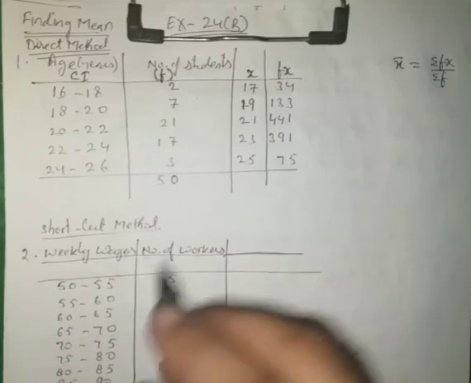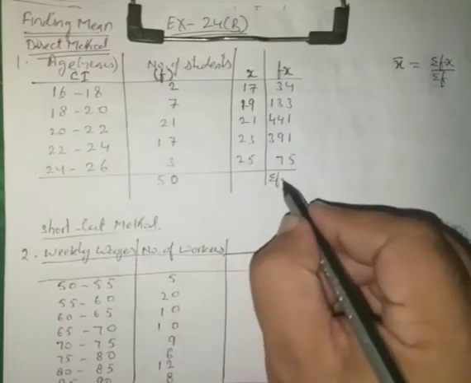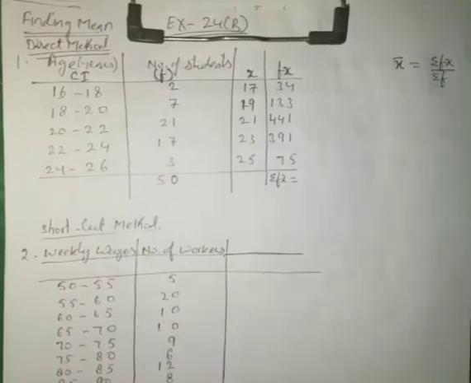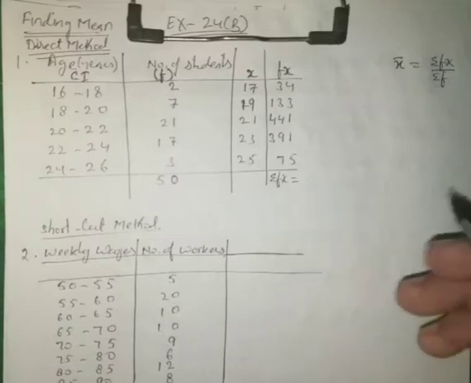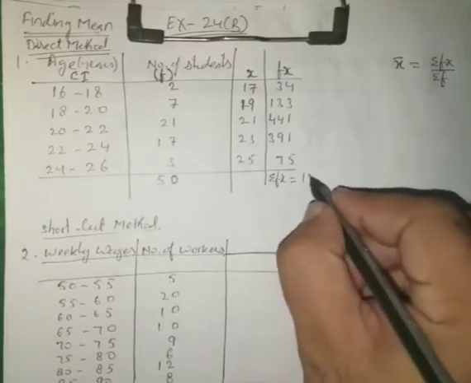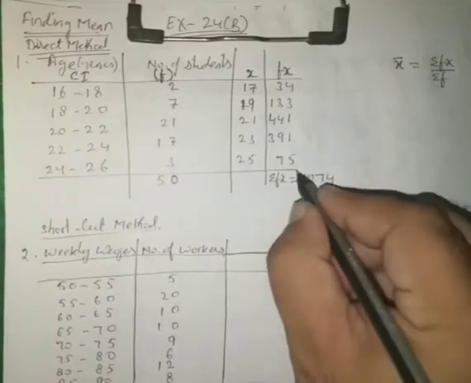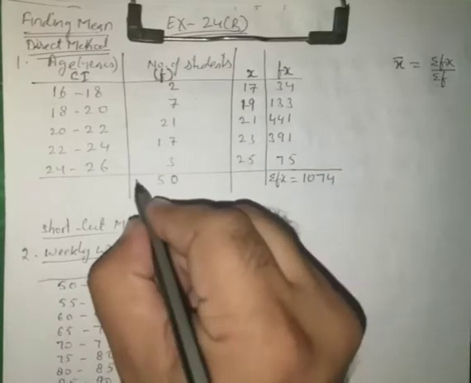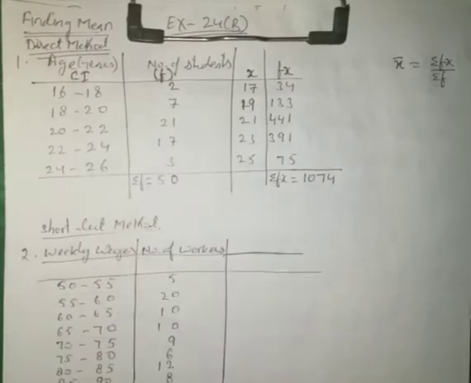Now I will add all these, and that will be called summation fx. On adding all these, 34 plus 133 plus 441 plus 391 plus 75, the sum of all these values is 1074, and summation f we have is 50.